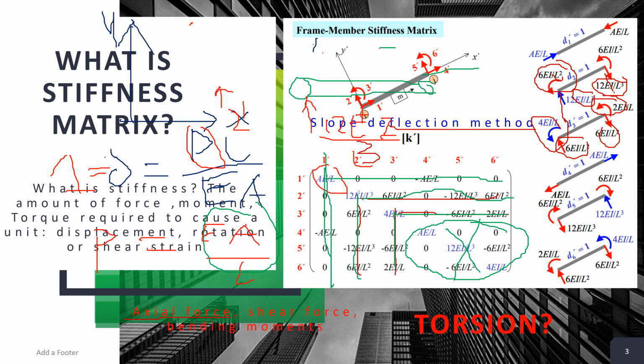So we have another column for torsion there, another column for torsion there, and one row for torsion there, and another row for torsion there. So this would then transform from a 6 by 6 matrix. The 6 by 6 matrix, if you include torsion, would go to an 8 by 8 matrix.